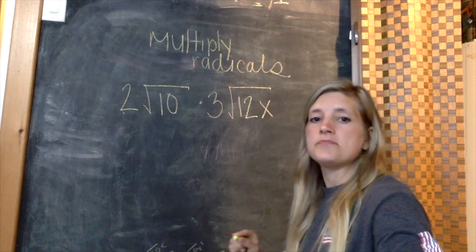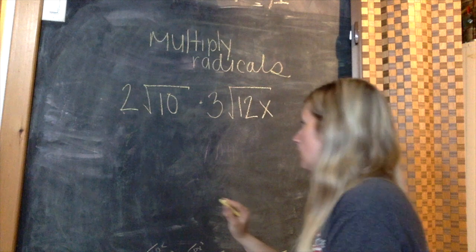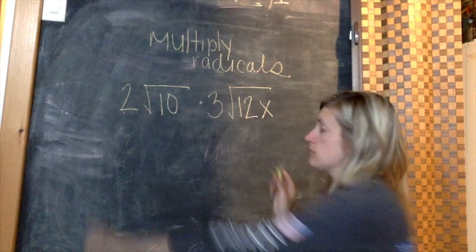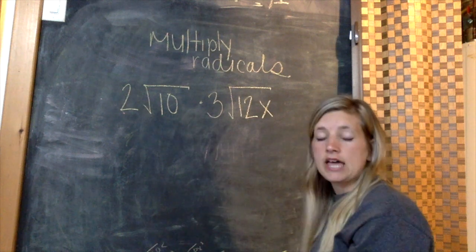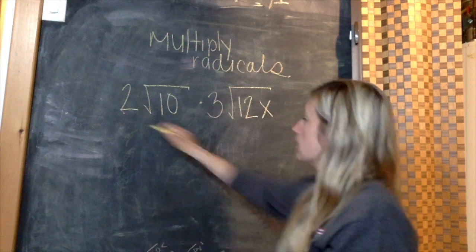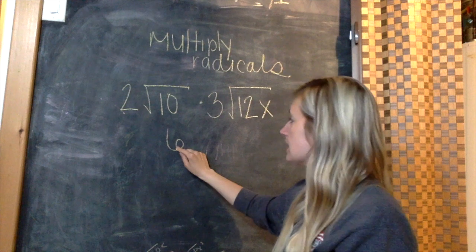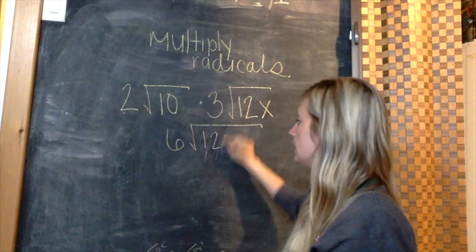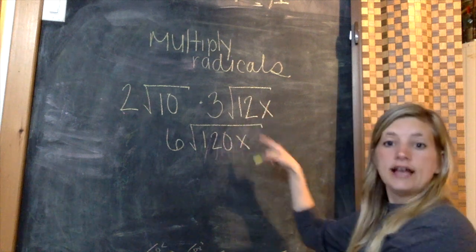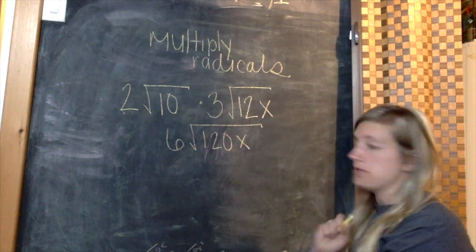Okay, so multiply together. So the numbers on the outside multiplied together and the numbers on the inside multiplied together, and they stay separate. So 2 times 3 is 6. 10 times 12 is 120. And I still have the x underneath.